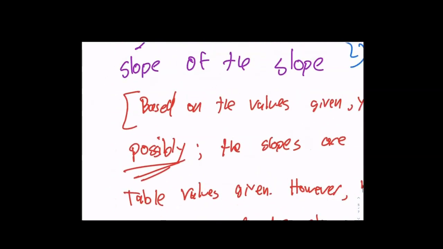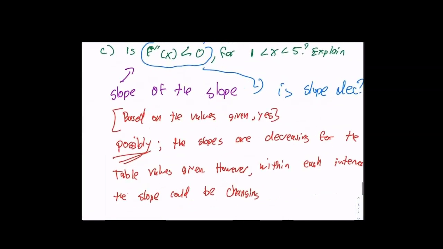So the answer possibly turns into a yes in that type of question, because based on the given values, it's yes. If I said, could f double prime be less than 0? The answer is yes. But if the question says, is f double prime of 0 less than 0? Then the answer is possibly, because we don't know for certain, but we know it could be true.